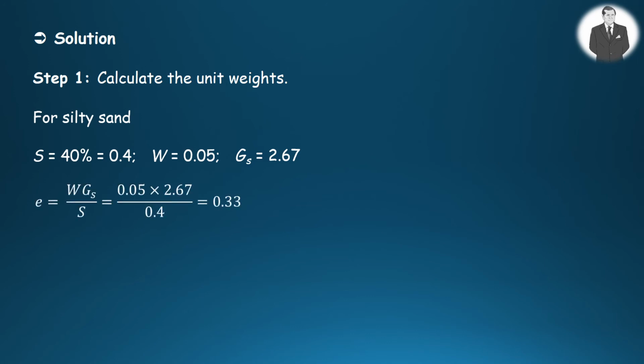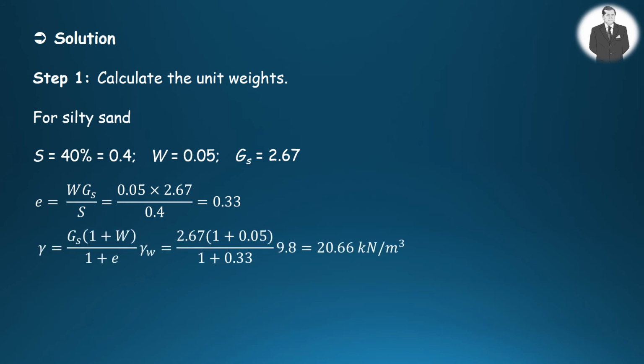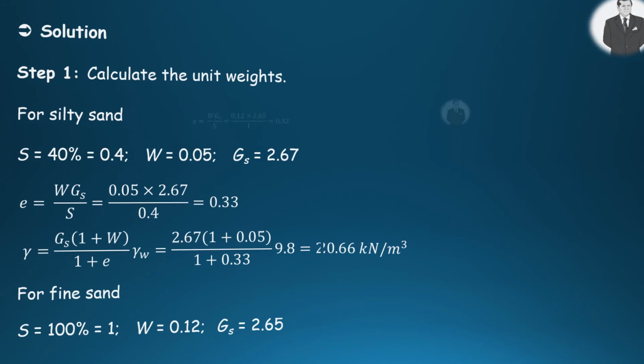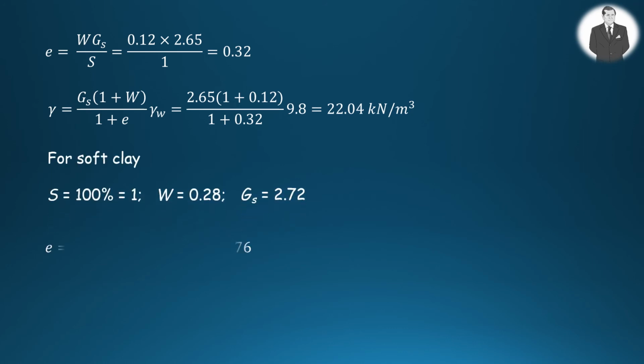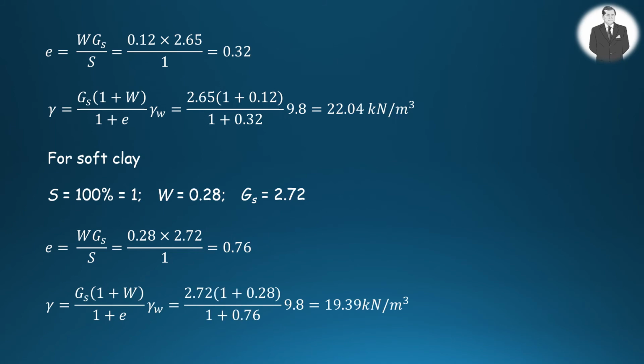Based on these data, we first calculate the void ratio and then the unit weight of soil. Now, following the same procedure for fine sand, and for soft clay, the related unit weights are determined.